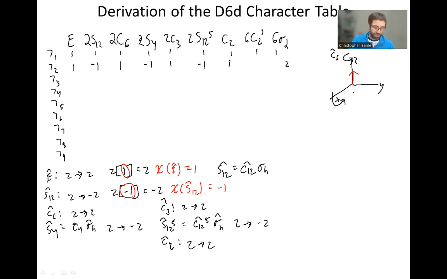And if we do that, then it's very easy to visualize how if we rotate around this x-axis, we are going to be flipping that arrow 180 degrees, right? Rotating 180 degrees. So we're going to go positive to negative. We're going to get z going to negative z for a C2 prime.